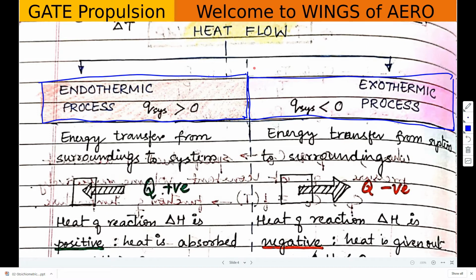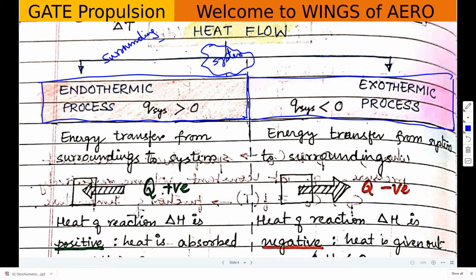Already we have discussed the system and surroundings, you are well known with that. That means if this is any closed system, this is a system and this is the surrounding.